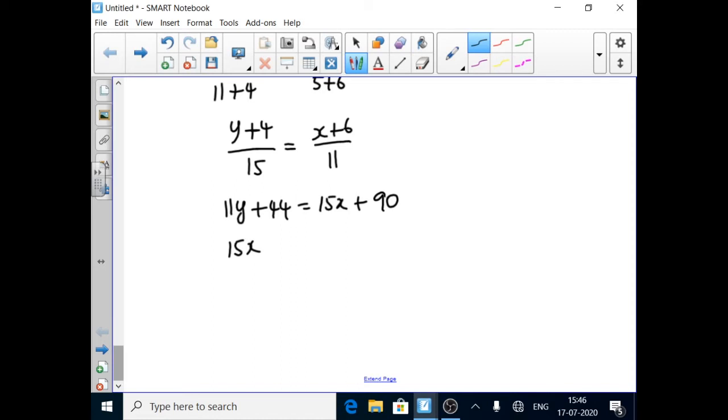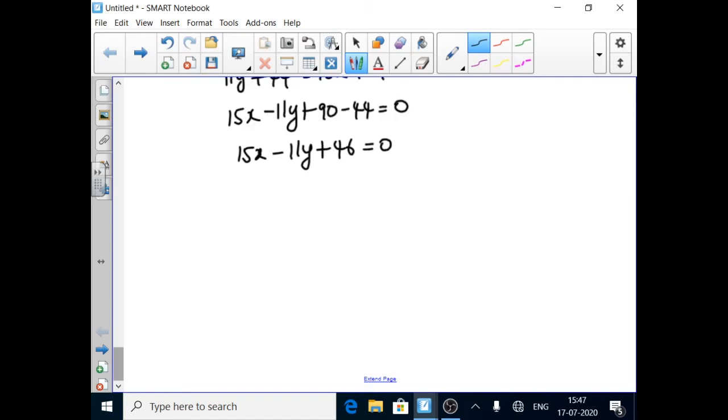So we will move the variables from the left side to the right side. So 15x minus 11y, then plus 90 minus 44 is equal to 0. So 15x minus 11y plus 46 equal to 0.